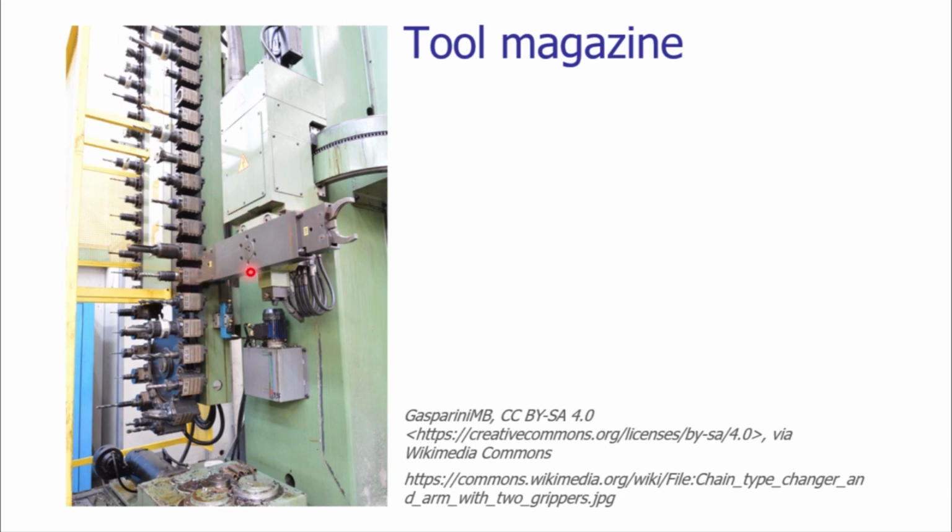It has an arm, and both the ends of the arm are utilized for the tool changing operation. This is the separate column which is designed and developed to host the chain type of tool magazine. We will have a detailed discussion on the tool changing facility in the coming slides.